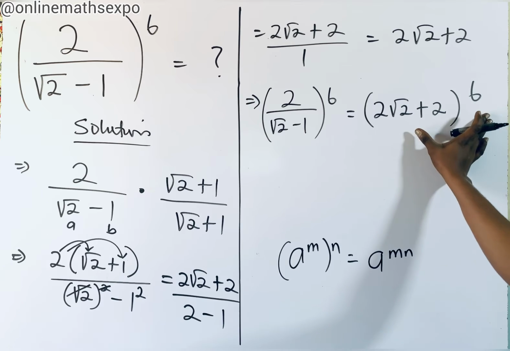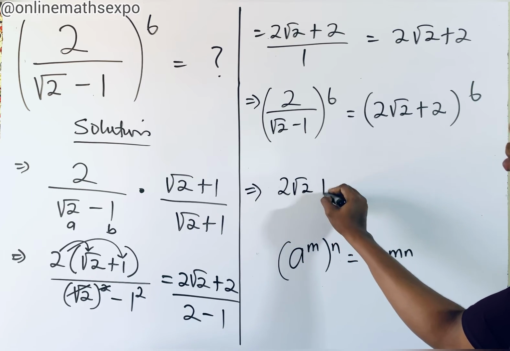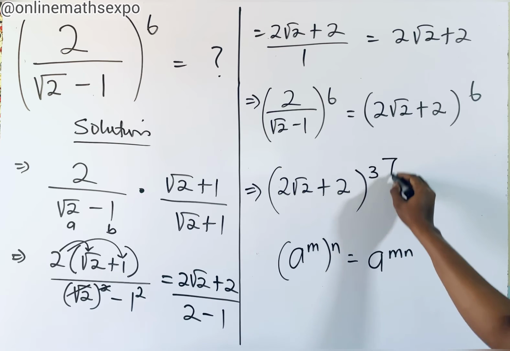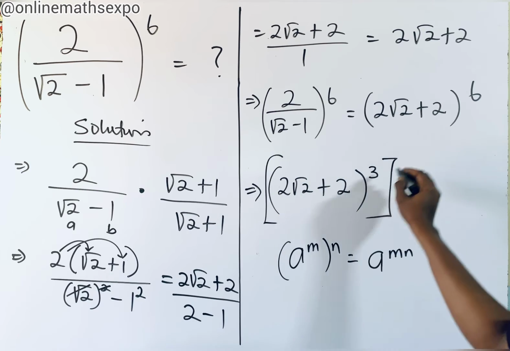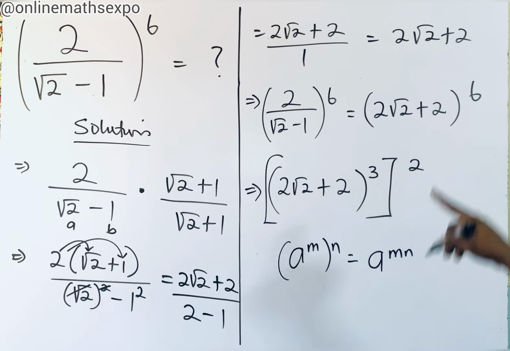So when you have this, you can rewrite it as 2 root 2 plus 2 raised to the power of 3, then raised to the power of 2. Did you see? When you multiply these two, it gives you back 6.